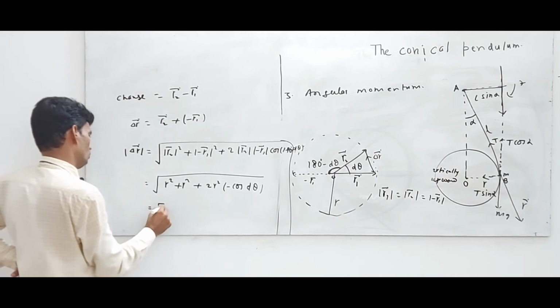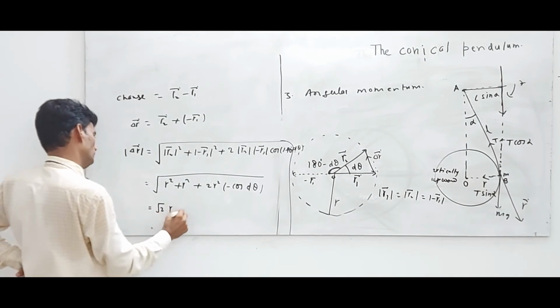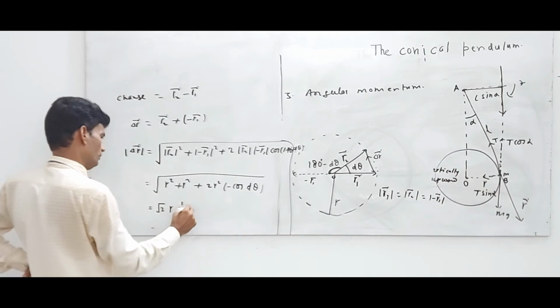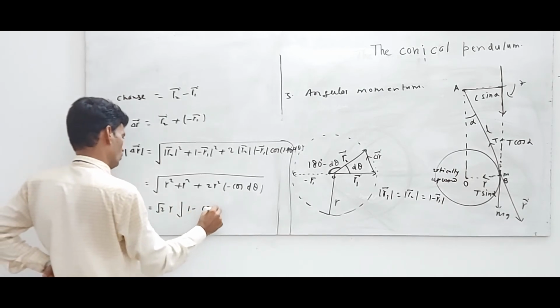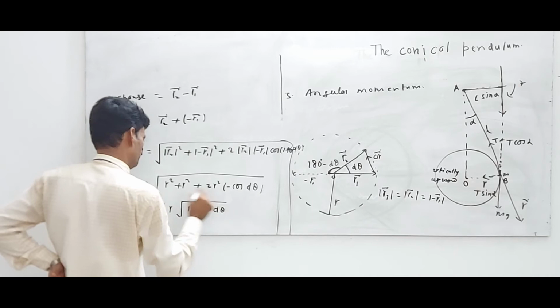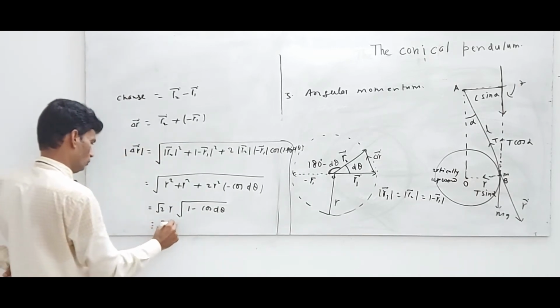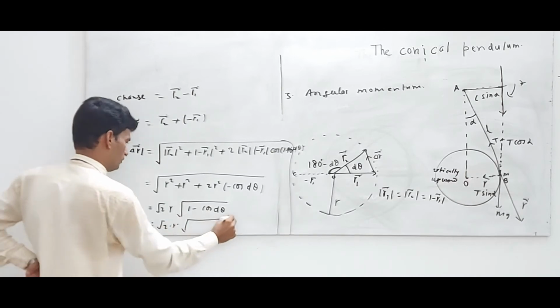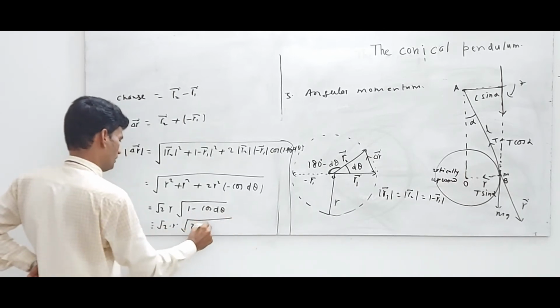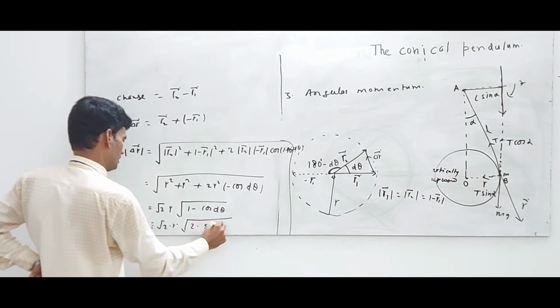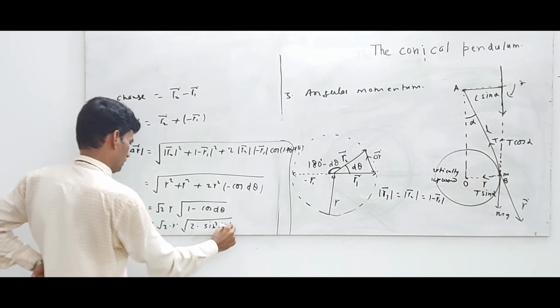This is root 2r, square root of 1 minus cos d theta. So this comes out to be root 2 into r, square root of twice sin square d theta by 2.